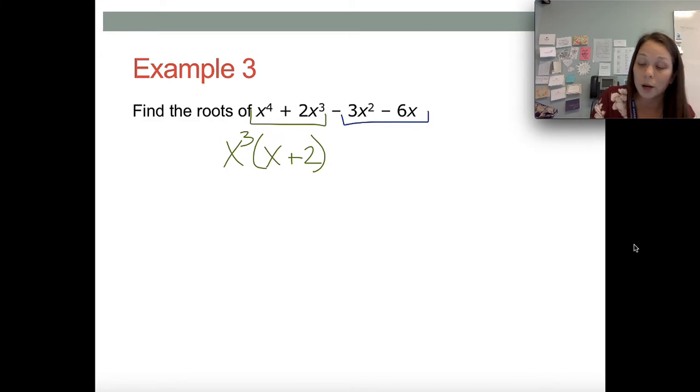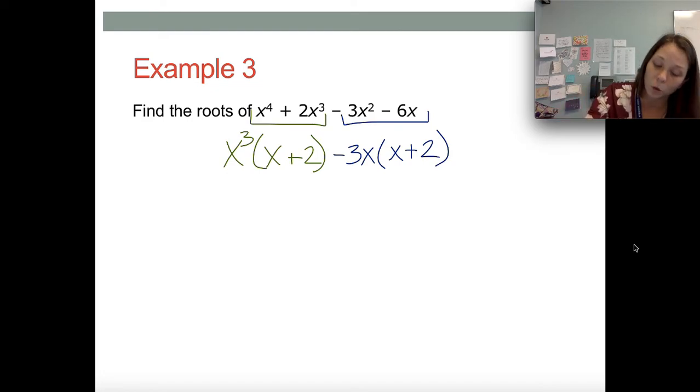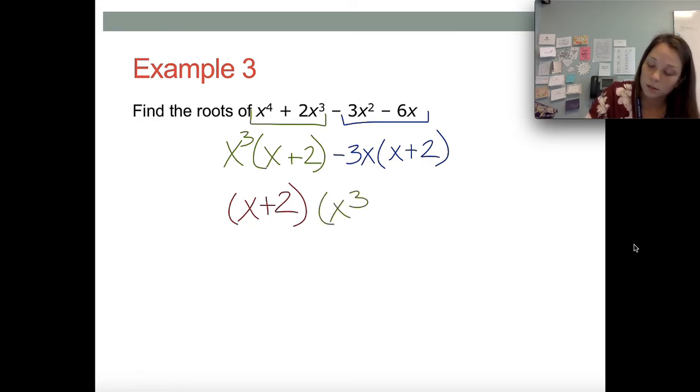Minus 3x squared minus 6x has a greatest common factor of minus 3x, which will leave me with x plus 2. So between the green and the blue term, I have this quantity x plus 2 that is my greatest common factor. What's left when I factor out the x plus 2 is x cubed and minus 3x.